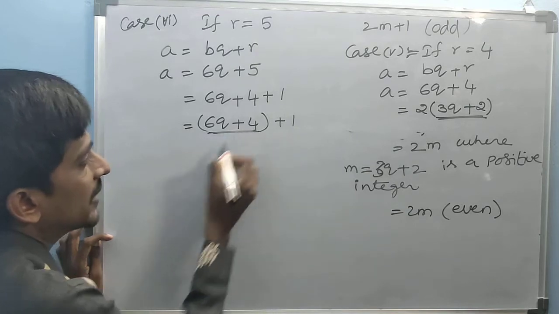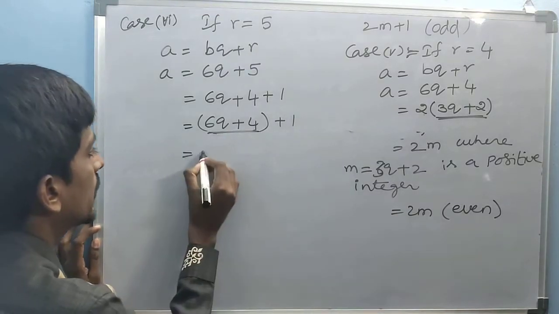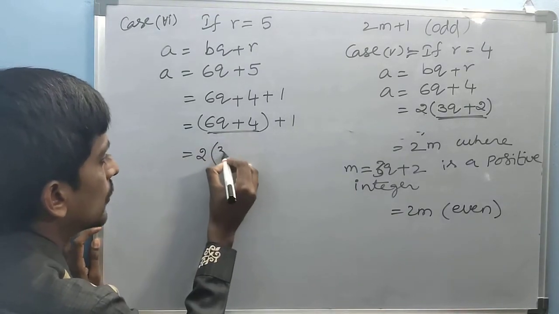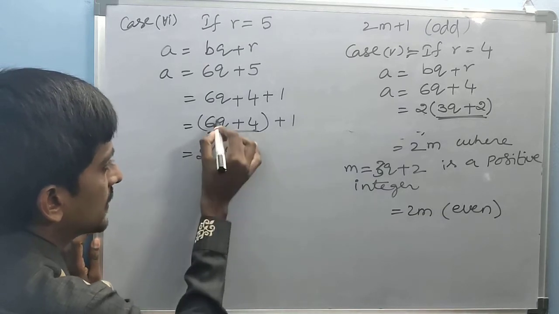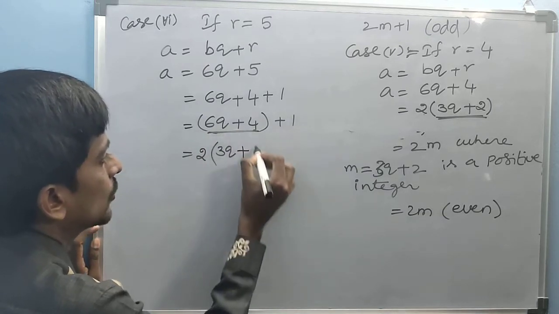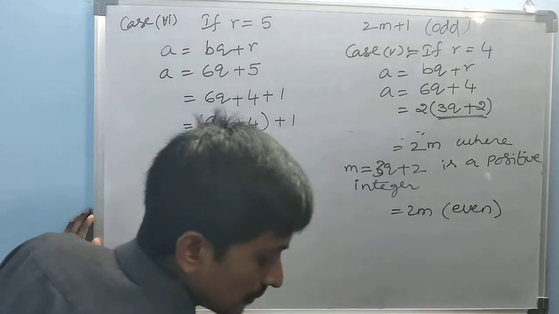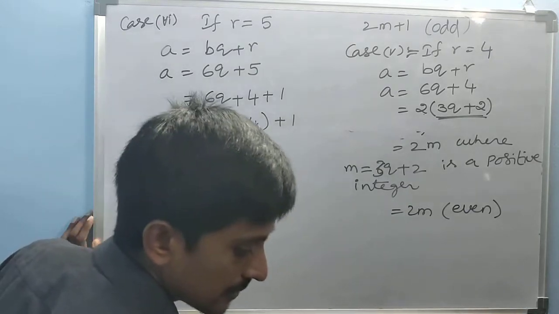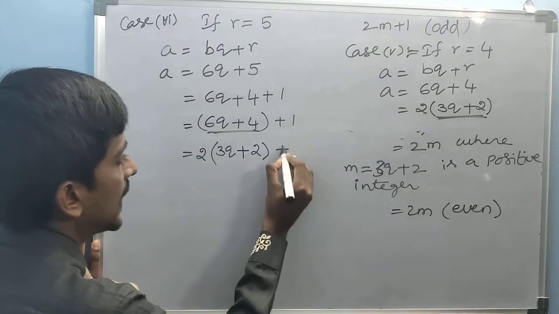Here, what is the common factor? Both have 2, so take 2 common. 2 into 3q plus 2, since 2 threes are 6 and 2 twos are 4.